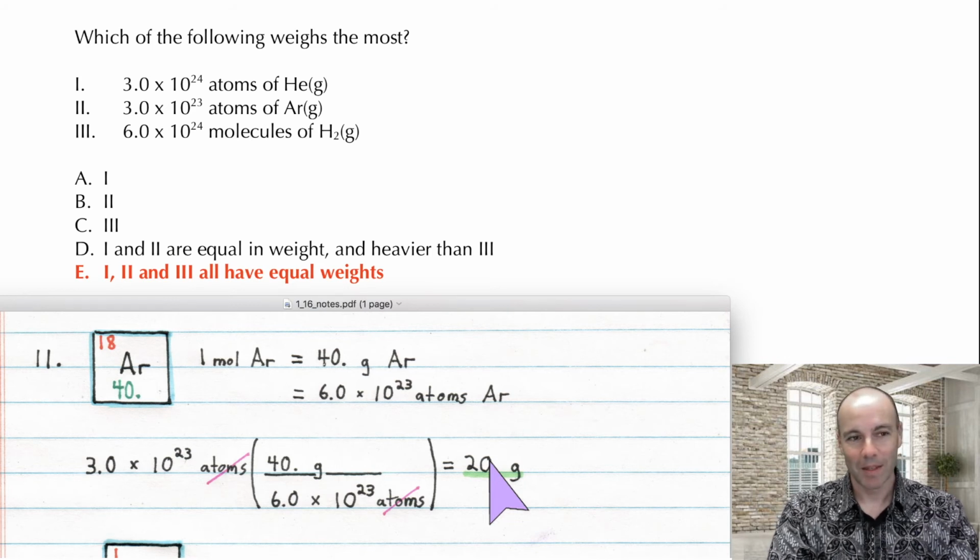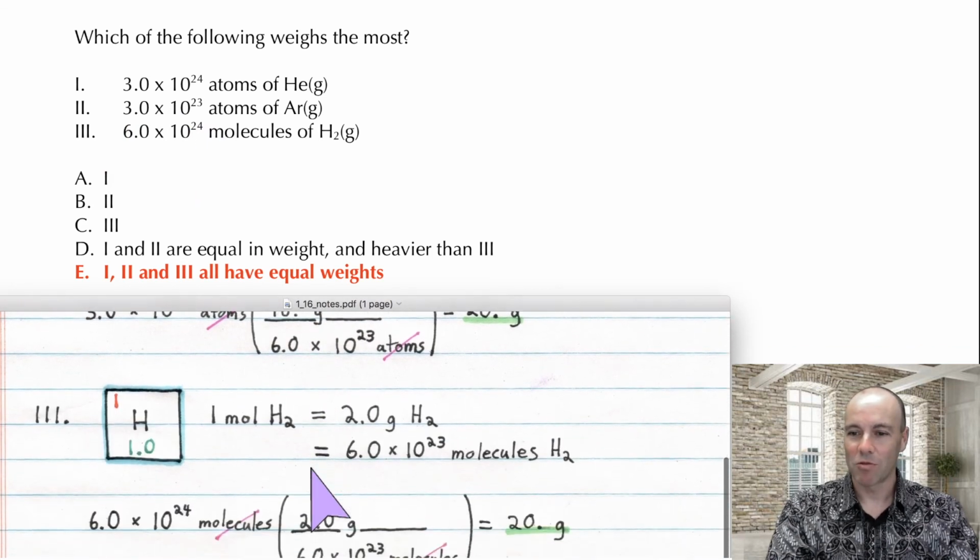Let's see. So this is the H2. And here we have 6 times 10 to the 24th molecules of H2. And you should see that that is 10 moles of H2, because 1 mole is 6 times 10 to the 23rd, and this is 10 times that. So we have 10 moles of H2.